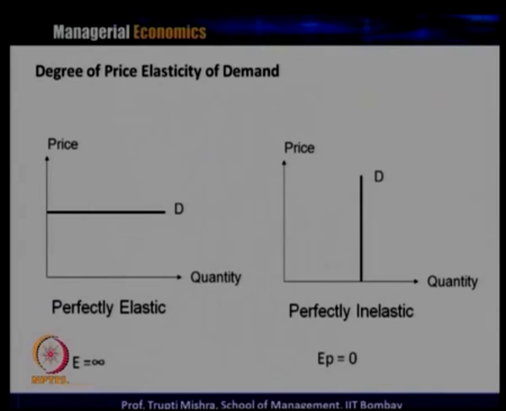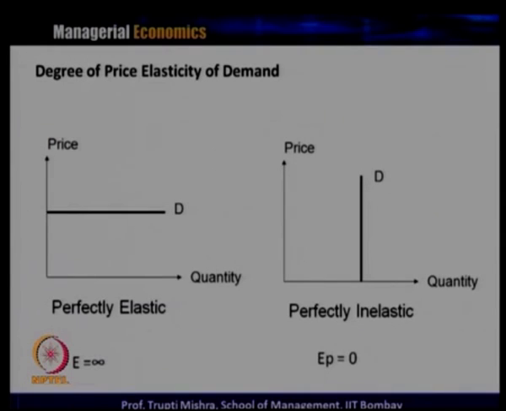If you look at the different levels of price, the price is increasing, decreasing, but still there is no change in the quantity demanded. So, two extremes. One, when there is a small, or absolutely insignificant, change in the price, it leads to maybe a large change in the quantity demanded.